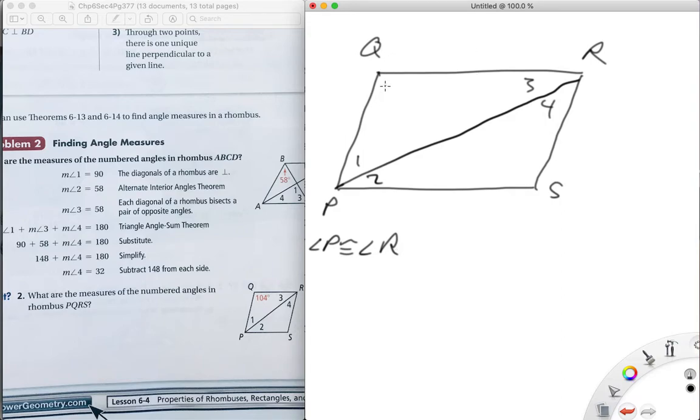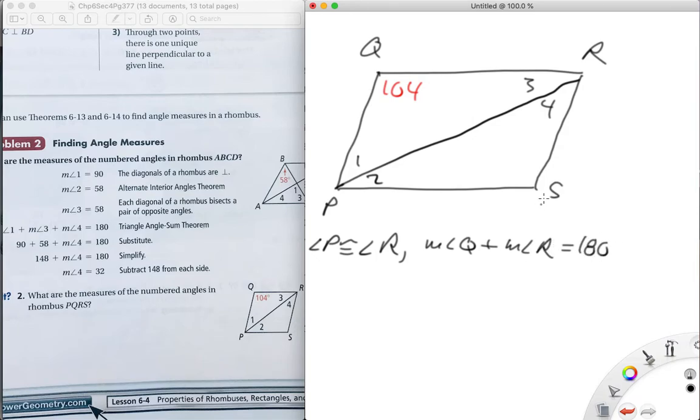I also know that angle Q is 104. I know that angle Q plus angle R is supplementary.